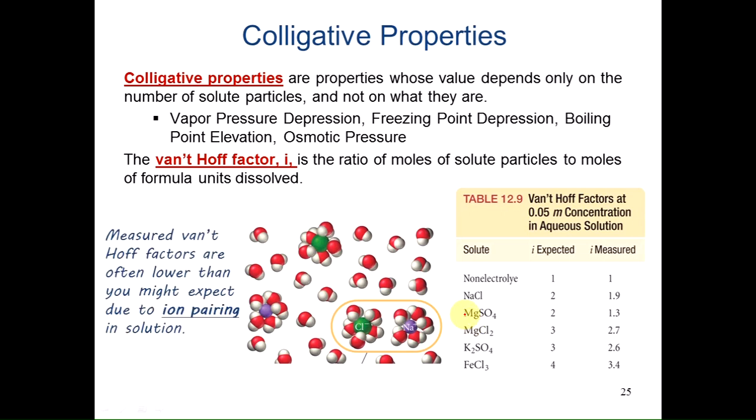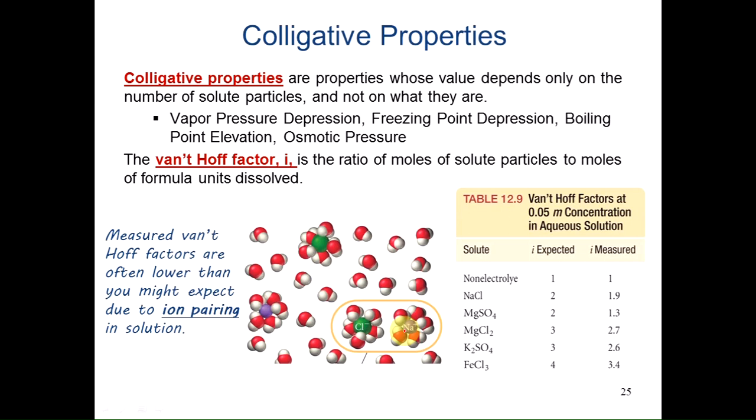What does this mean? Even though the sodium is solvated by the water molecules here, and this chloride is solvated by the positive ends of the water molecules here, they can still kind of detect each other, get close enough, and kind of cancel each other out and act as one. But the majority of these are acting as individual units. So this is why you sometimes get something a little less than the 2 that we expect, because this ion pairing can occur.